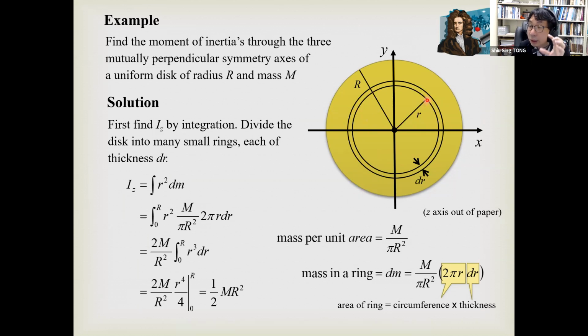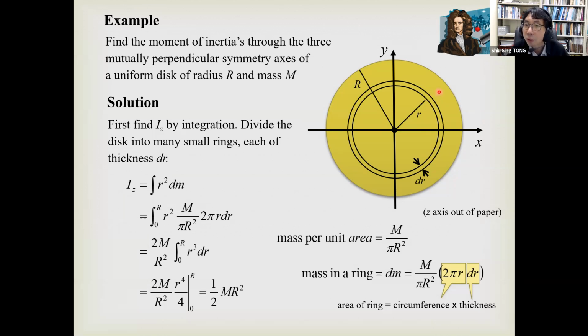The ring has a radius r. This is a small r, the radius of the ring, which is distinguished from the capital R, which is the radius of the whole disk. So now we have a ring of radius small r, and the thickness of the ring is dr. So the ring actually extends from r to r plus dr. It's a very thin ring.